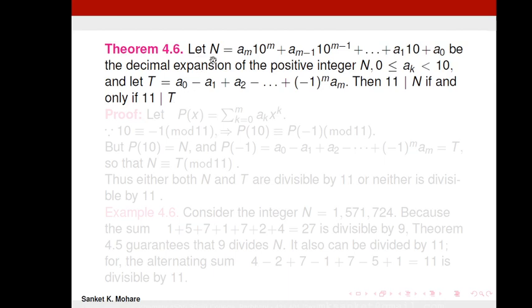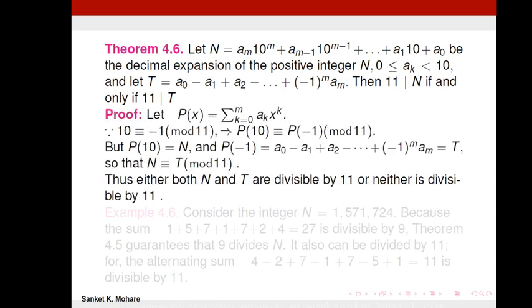So here n is in decimal expansion and t is given as the alternating sum of these coefficients. How many coefficients are here? m plus 1. So 11 divides n if and only if 11 divides t. This we have to prove.